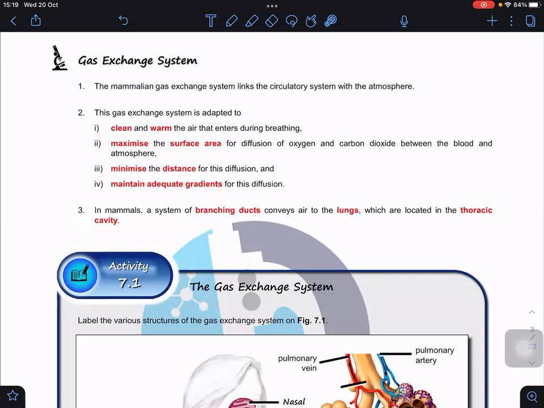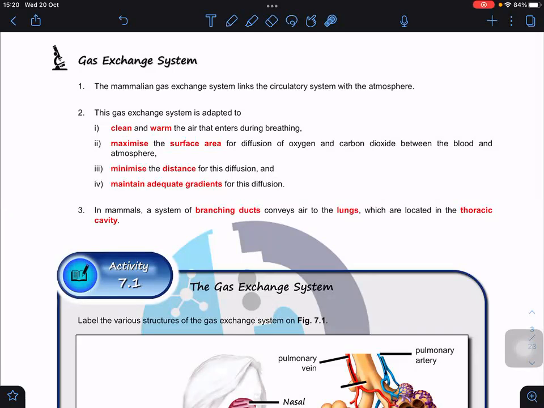Maintain temperature. So again, particularly in our nostril, we have a lot of blood vessels, blood capillaries, to help to moisten the air as well as to warm the air. This is very, very important because we know that the surrounding air temperature is actually lower, and our body temperature is around 37 degrees Celsius.